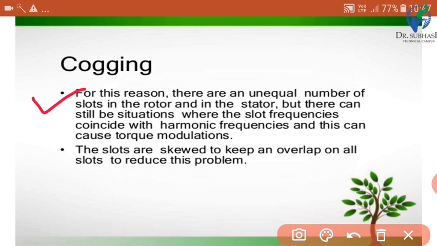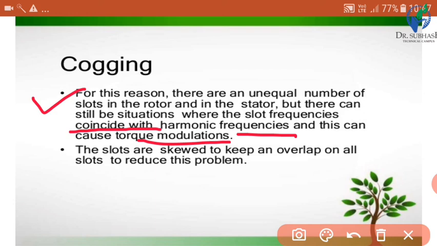So there are an unequal number of slots in the rotor and in the stator. But there can still be situations where the slot frequencies coincide with harmonic frequencies, and this can cause torque modulations. So if the stator and rotor numbers of slots are not equal, there is still a tendency for this cogging.